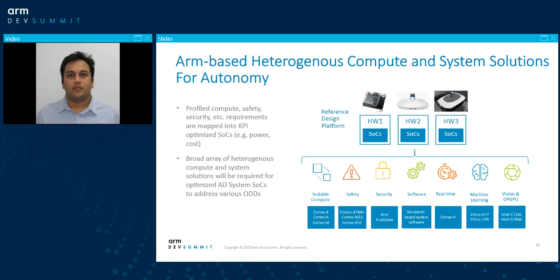Now, where the trend is going, as we see, is that there will be one silicon or one base architecture that can scale across multiple SoCs based on the ODD. Like the simpler ODD one that CJ mentioned, which can just be satisfied by one SoC, or a more complex ODD like ODD3, which is urban driving, where you can put multiple SoCs together.